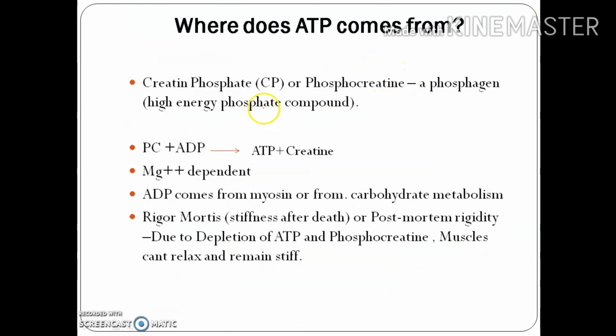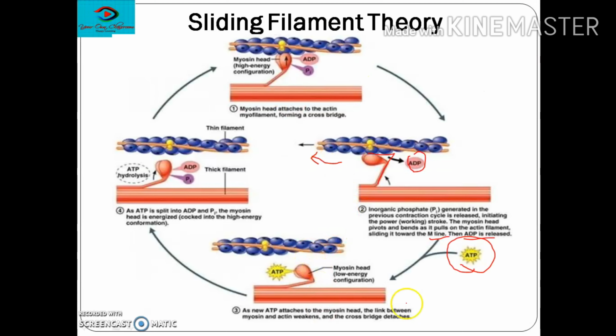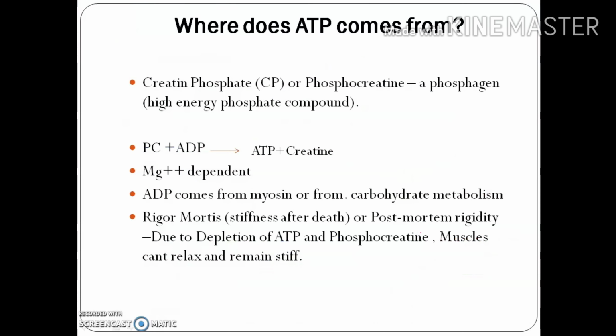Now we will see where this ATP comes from. If you think of an athlete, he must be using his muscles throughout the day, during practice and during the actual sessions. So for relaxation, ATP is a must. From where does that huge amount of ATP come? The answer is creatine phosphate. Creatine phosphate or phosphocreatine is a phosphagen.